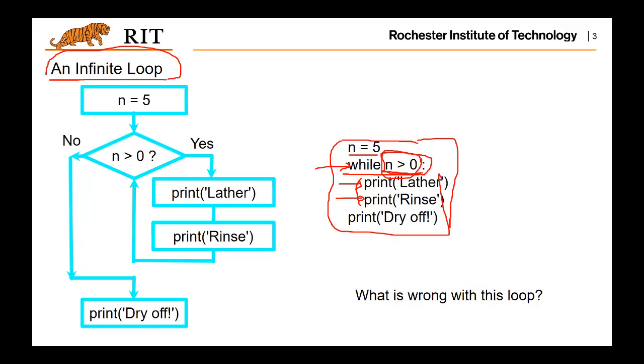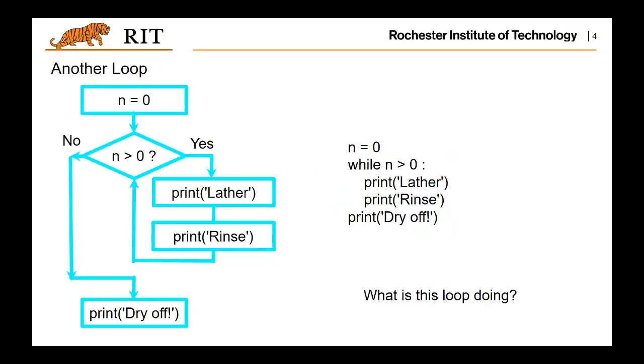Something must be wrong with it. You must not have done something correctly to change the variables related to this condition. All right, that's the infinite loop. Any questions regarding this infinite loop? Okay, good. Let's move on.